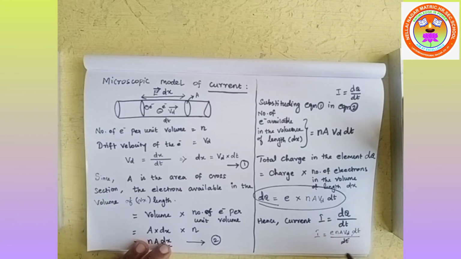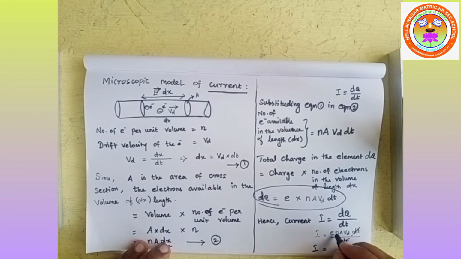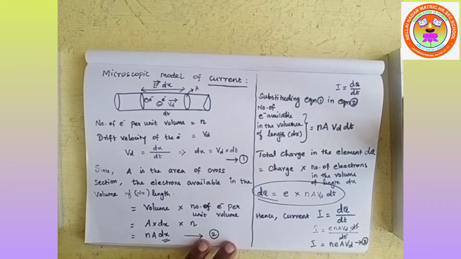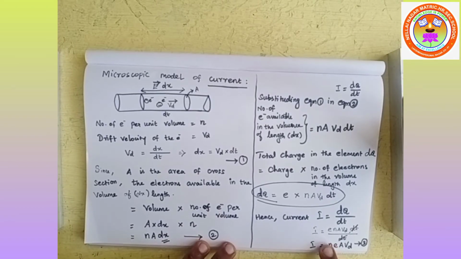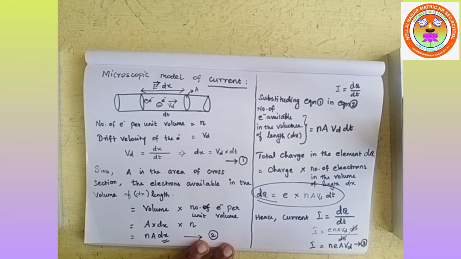So dt cancels, and I is equal to n into E into A into vd. Okay, so this is the third equation. This is the microscopic model of current.